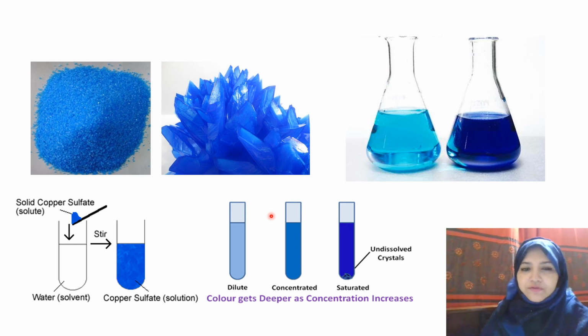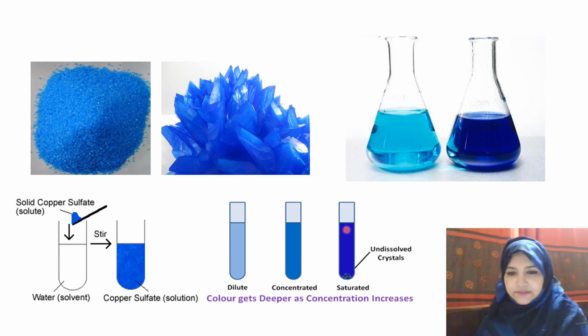Now add 1 spoon of copper sulfate in the first test tube, 2 spoons in the second test tube, and 3 spoons in the third. Then shake the test tubes well till the crystals of copper sulfate are completely dissolved, and then set the test tubes again at their place.